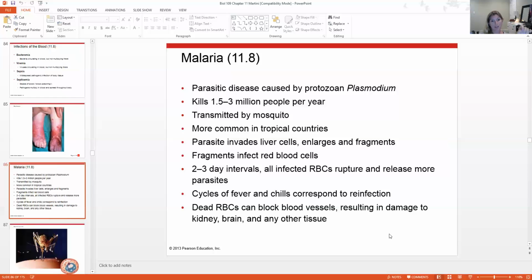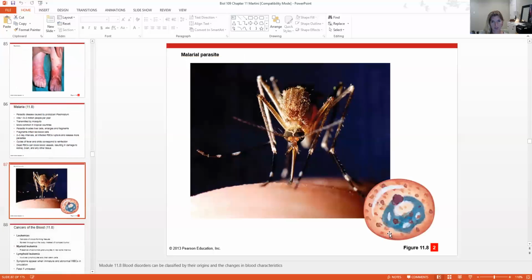Basically, what happens in malaria is the parasite invades liver cells, and so the liver cells get big and they start to break off, and those little fragments of liver cells affect red blood cells. And overall, you get cycles of fever and chills, and reinfection can occur. So the dead red blood cells can block vessels, and it can be very dangerous.